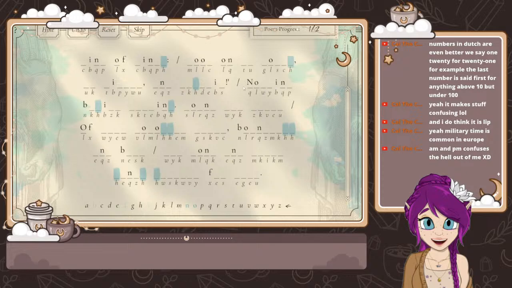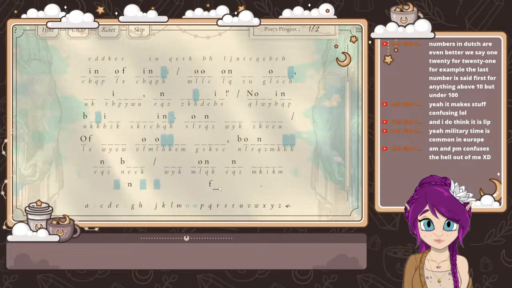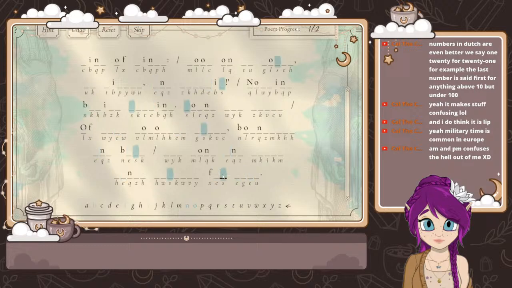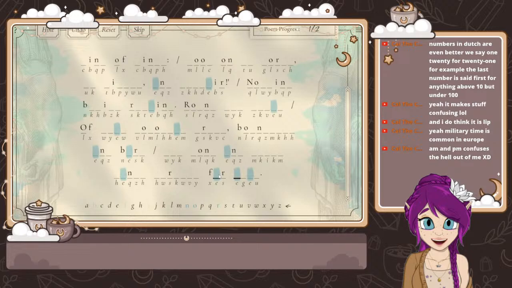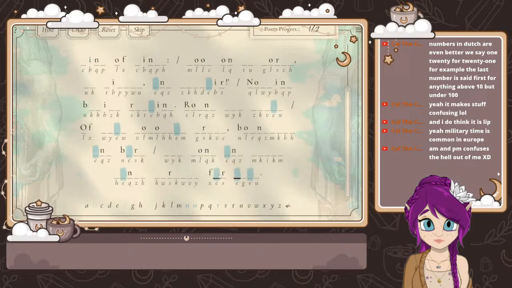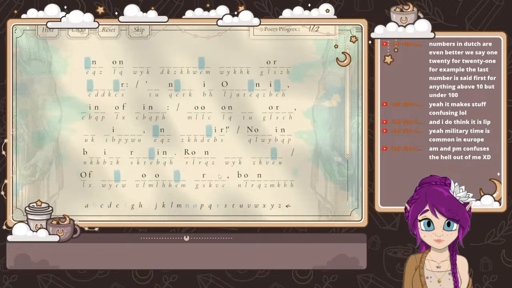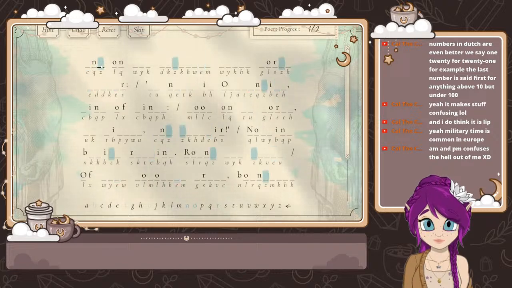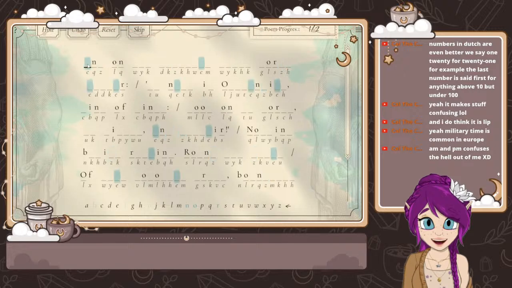I don't know if the N is right or not. I think this is an R, though. I don't know if this is an O or an A. I think this is "and," because it's repeated a couple times.